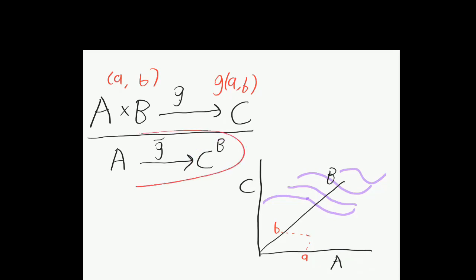And so there's a couple of ways that we can think about this. The direct one is the sort of algebraic way to think about this, which is that the way that this G bar works exactly is it takes a value A from this space A, and then it forms this kind of map from B to C, which we can write as lambda b twiddle dot g of A comma b twiddle.